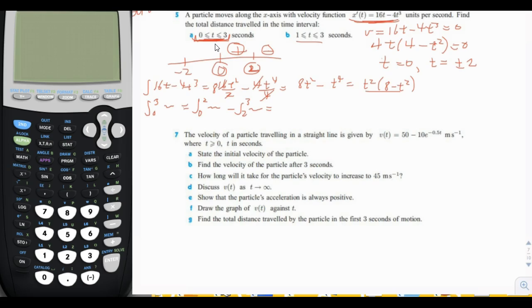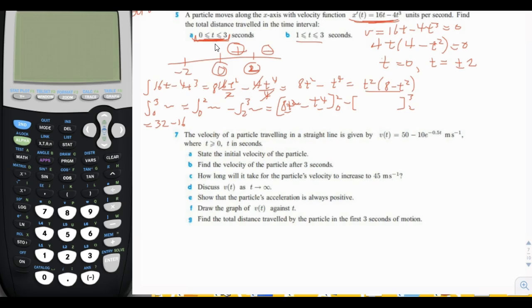So I'm just going to leave 8t squared minus t to the 4th, and evaluate it from 0 to 2, and then I'm going to do the same from 2 to 3, but I'm going to subtract it. So 8t squared with 2 substituted in would be 32, right? And t to the 4th with 2 substituted in would be 16. And if you put 0 in for either one of these, you're just going to get 0.